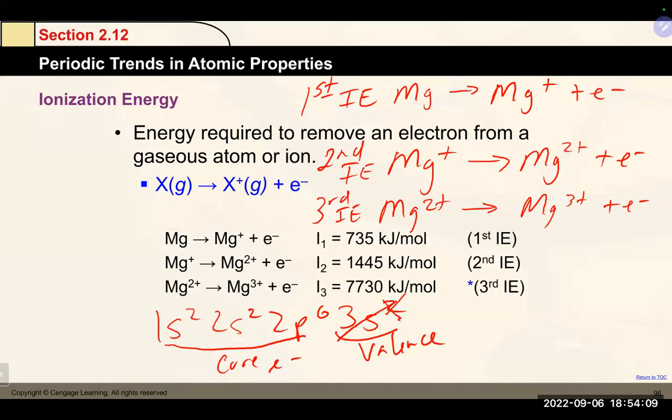The second one gets a little harder. But now if I wanted to pop off the third one, what electrons am I into now? I'm into the core electrons, which were closer to the nucleus to begin with, even closer at this point once you dump the extra 2. And it doesn't happen. That's why we don't see magnesium ever becoming a +3 charge, because energy-wise, it is not going to occur in a normal situation. Because of that, those electrons are now way too close to the nucleus.